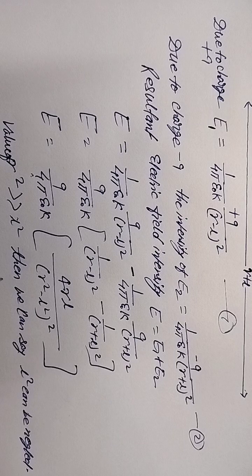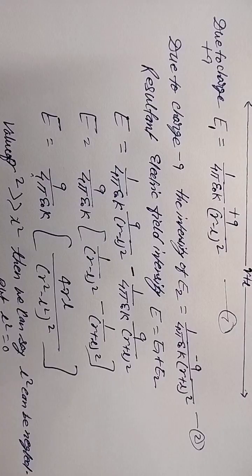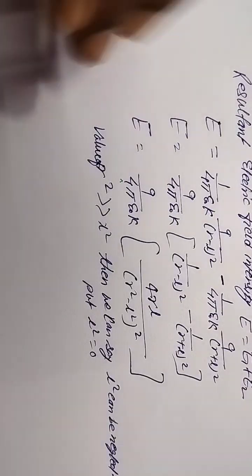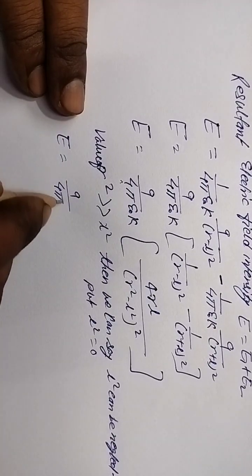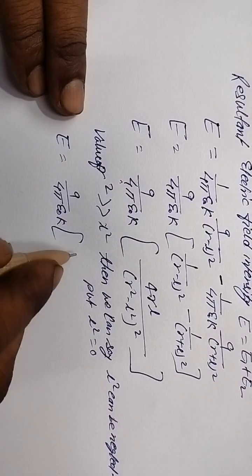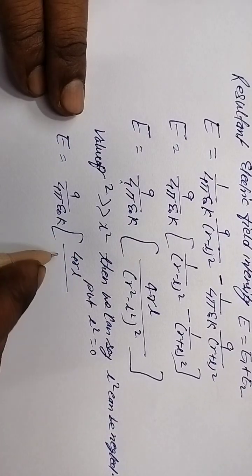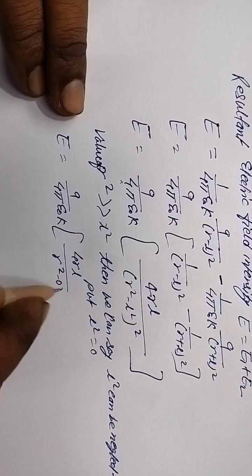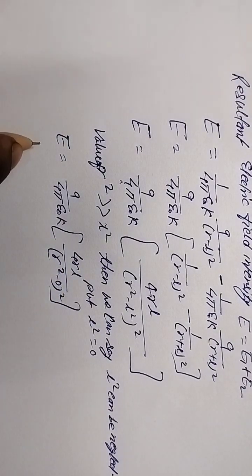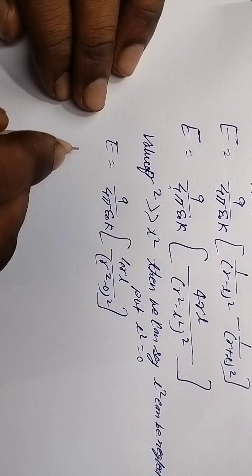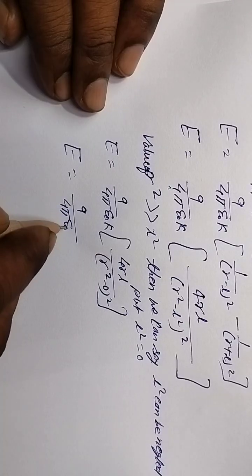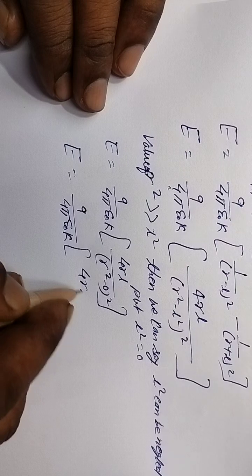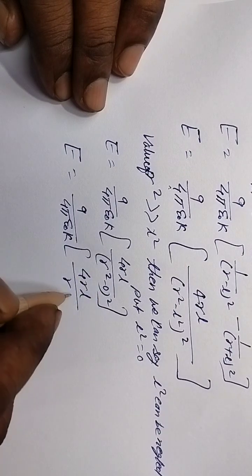That means we put L square equal to 0. We get E equals Q upon 4 pi epsilon 0 K, 4RL upon (R square minus 0) whole square, which is R to the power 4.